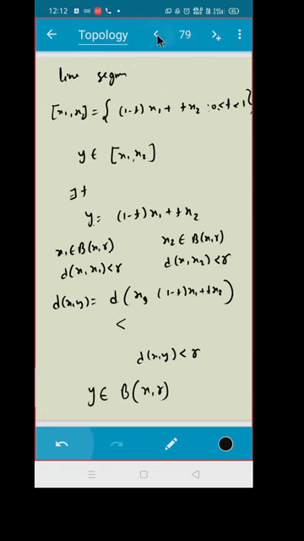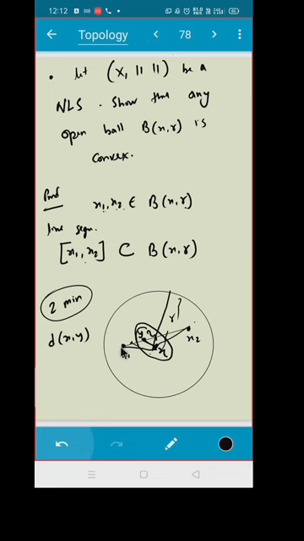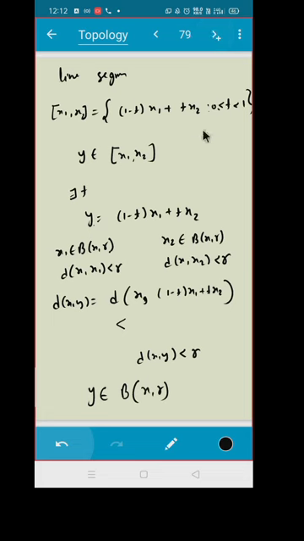But you know that in both cases the distance between x and x1 and the distance between x and x2 are already less than r. So I can say this is less than or equal to d of x comma x1 or the maximum of them, d of x comma x2. But both of them are less than r. Can I say this is less than r?